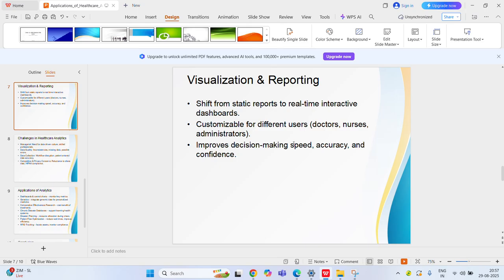Visualization, and yes, the next slide we have is how visualization and reporting is done in the business analytics of healthcare. Traditionally, healthcare has used business data far less regularly and comprehensively than most other industries.